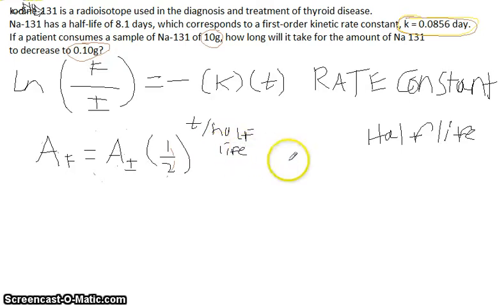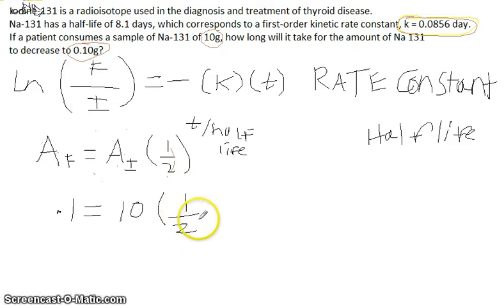Okay, so basically, let's plug the facts of this problem into the equation. We know that the initial amount was 10 grams. We also know that the final amount was 0.1 grams. We also know that the half-life is 8.1 days.